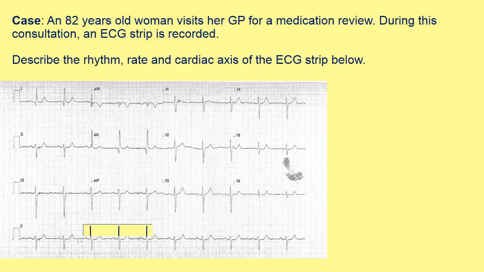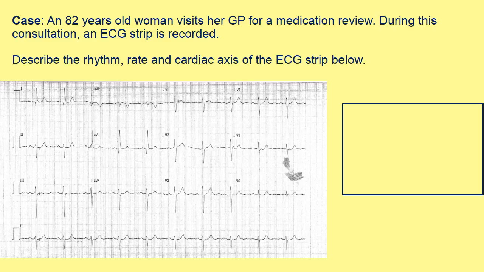Okay. Is this sinus rhythm or atrial or ventricular or junctional? So first of all, let's think, is this a supraventricular rhythm or ventricular rhythm? So the QRS complex is less than 120 small squares. So we say the QRS duration is normal, so it has to be a supraventricular rhythm.